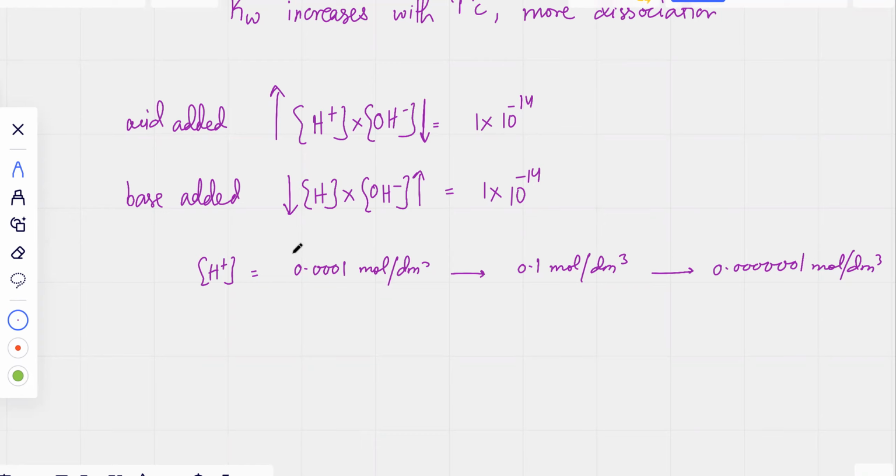Is that possible? No, sir. That's not possible, because one of the values is really small. For this value you would have to choose a different scale. This value is much bigger than that value, so you can't intelligently use one scale to plot a graph of what's happening to the H plus concentration.